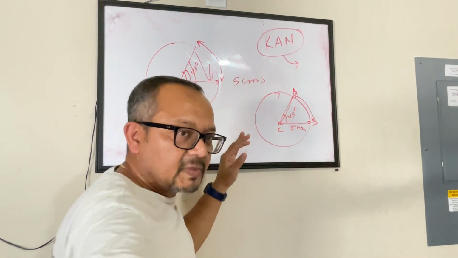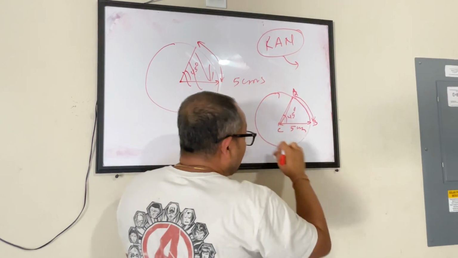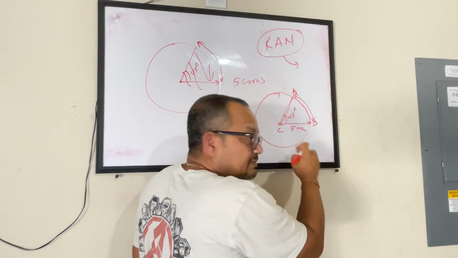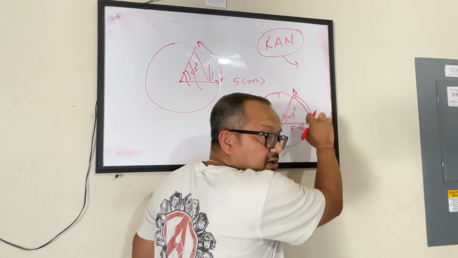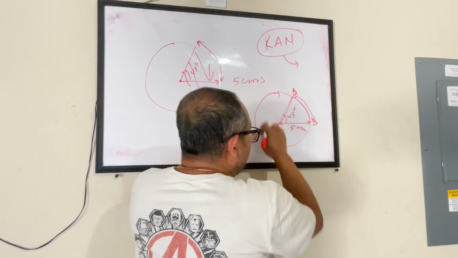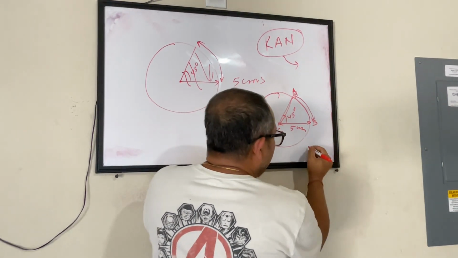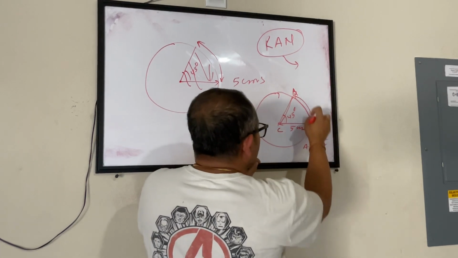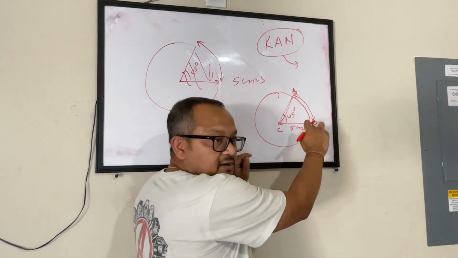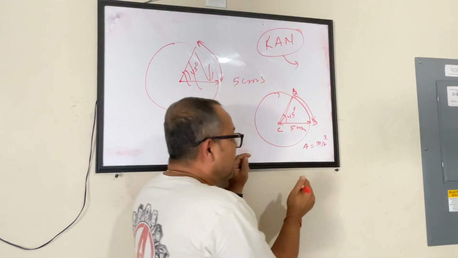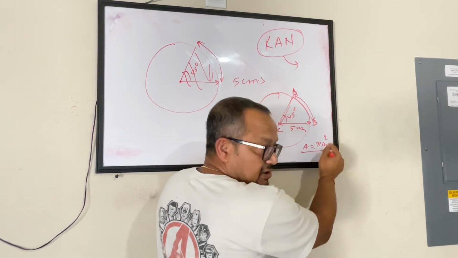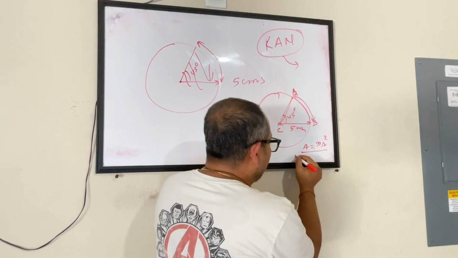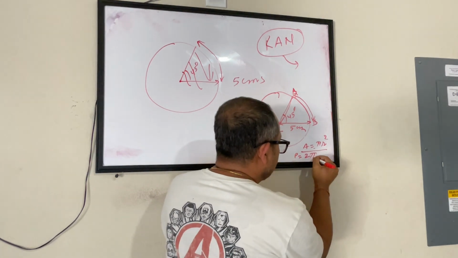If the arc was big enough to cover the whole circle or whole circumference, the arc would have been 2 pi r, the area would have been pi r square, and the perimeter would have been 2 pi r.